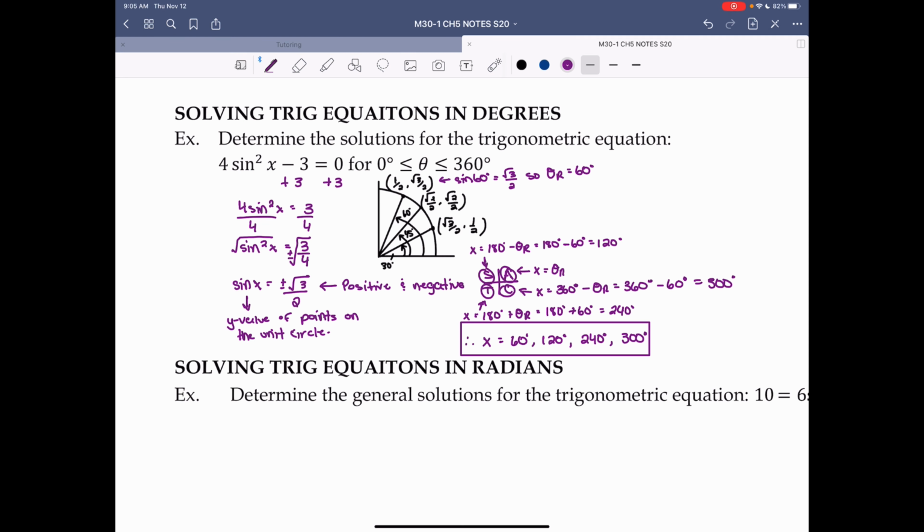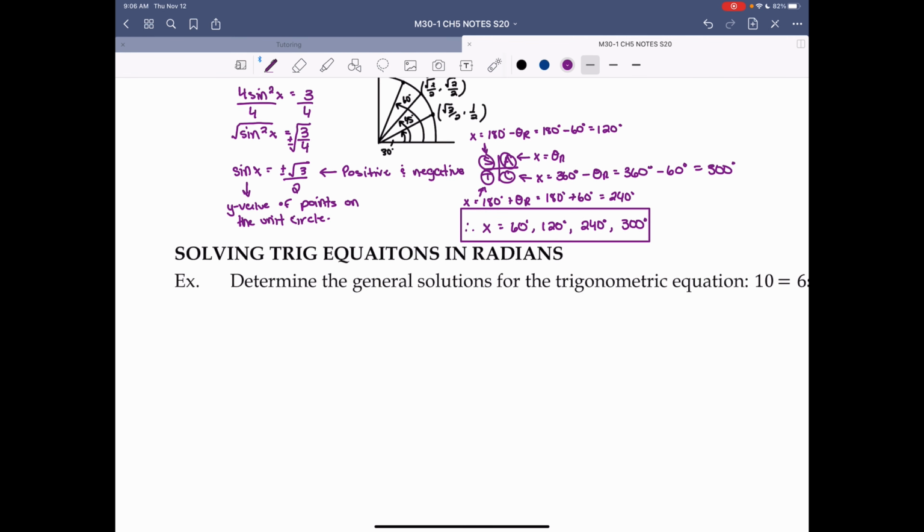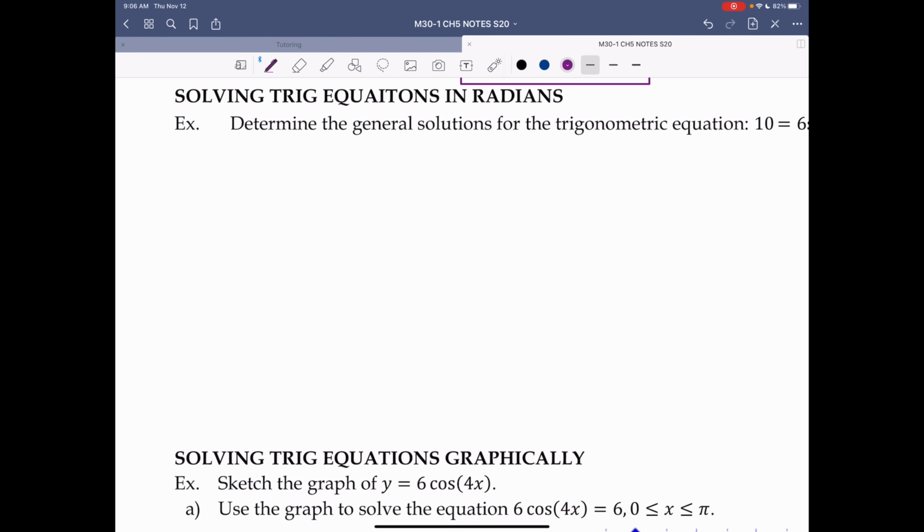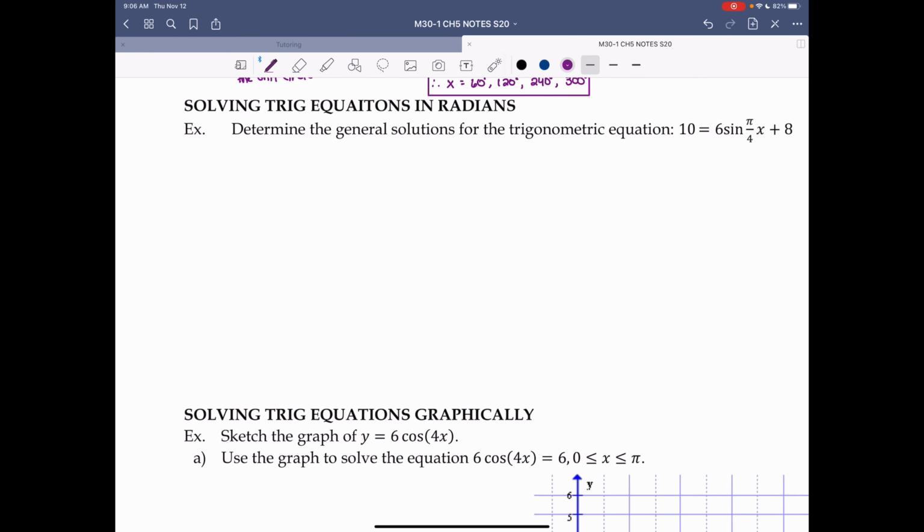Solving trig equations in radians. Determine the general solution for the trigonometric equation 10 equals 6 sine of pi over 4 x plus 8. Let's start by isolating the trig function. We're going to subtract 8 from both sides.